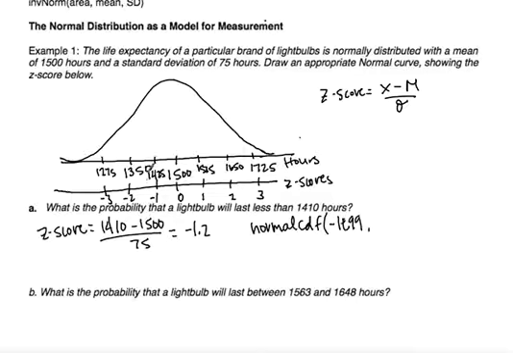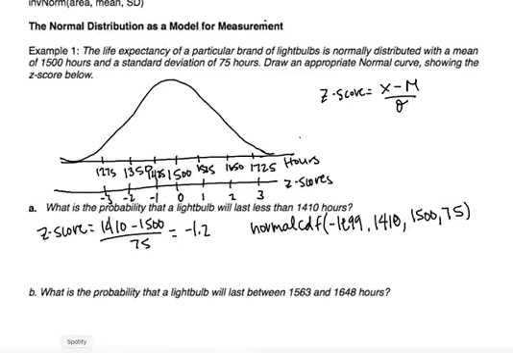Your upper bound would be your 1,410 hours. You could put your standard deviation and your mean based on the problem. So your mean would be 1,500 and your standard deviation 75.